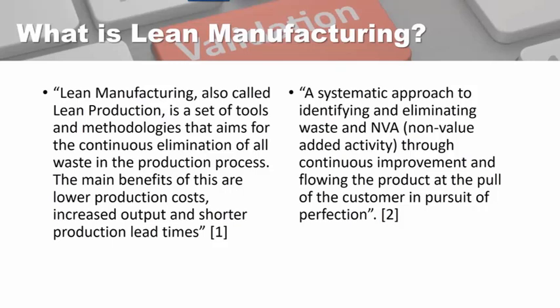So what Toyota was trying to do is to lower production costs and increase output. And that's really the name of the game for any manufacturer. So lean was really a systematic approach for identifying and eliminating waste in what they called non-value added activity through continuous improvement to help perfect this process for the benefit of the customer.